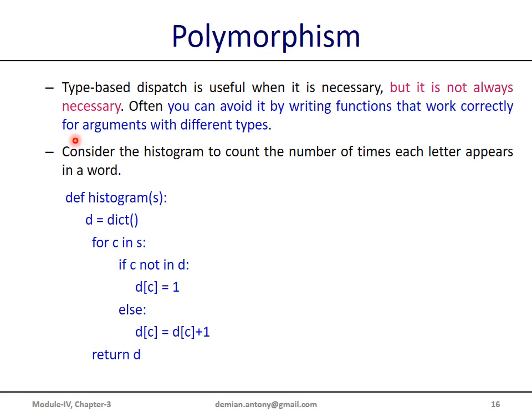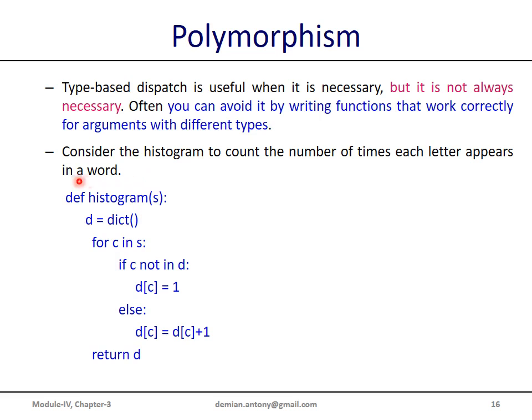Let us consider one such polymorphic function called histogram, which counts the number of items present in either a list or a dictionary or the letters in a string, and so on.